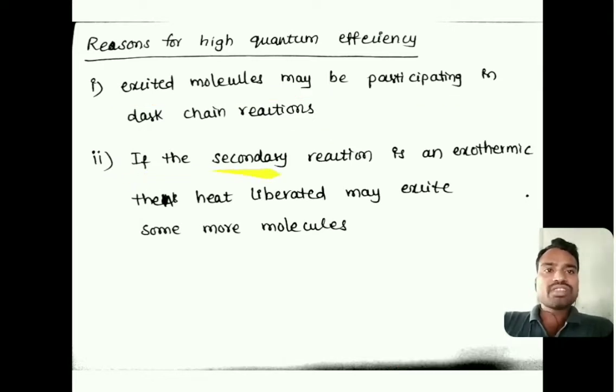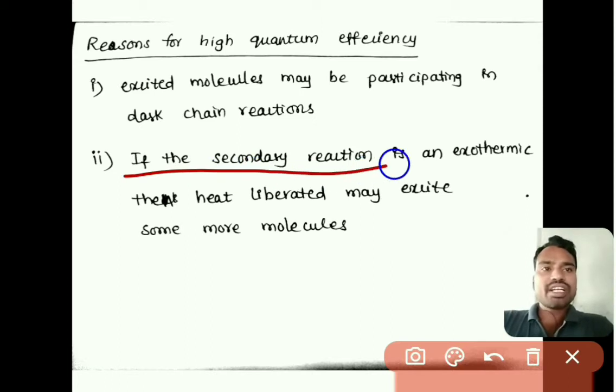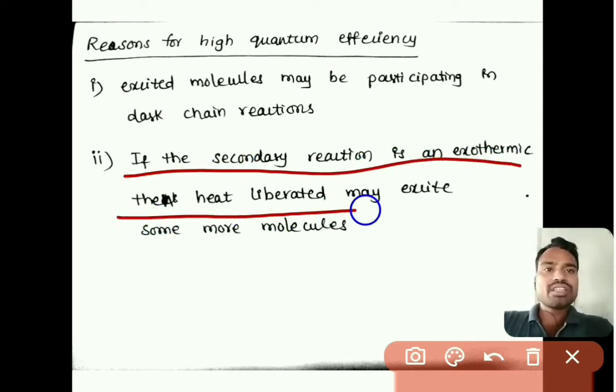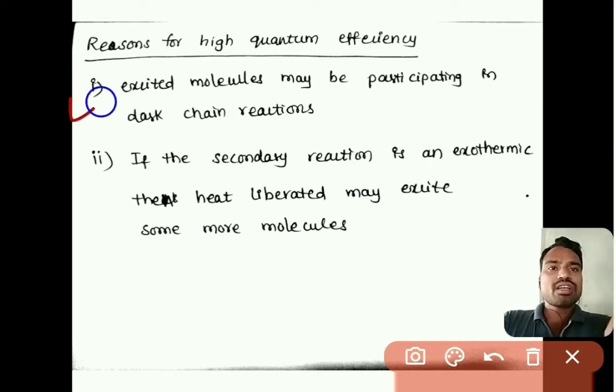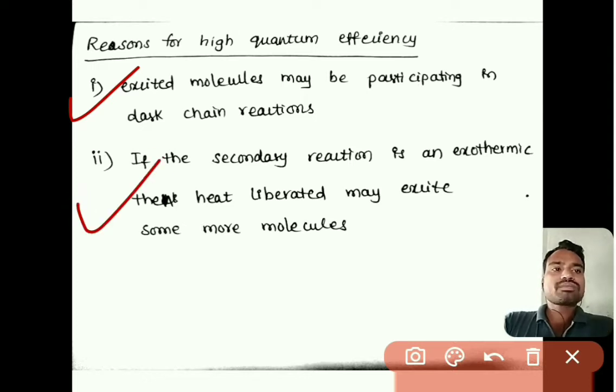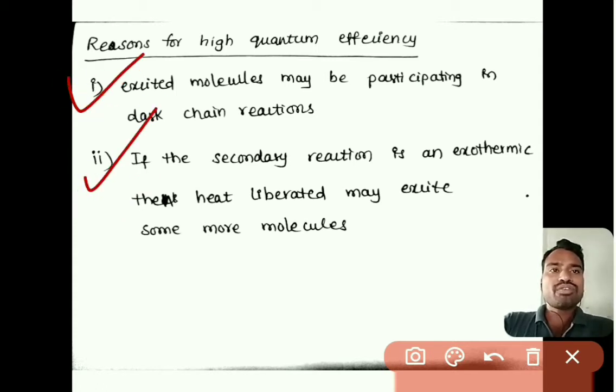And if the secondary reaction is exothermic, then heat is liberated, which may excite some more molecules, right? So these are the two reasons: one is maybe a chain reaction and another one may be secondary process exothermic reactions. Because of these two reasons the quantum efficiency would be high.